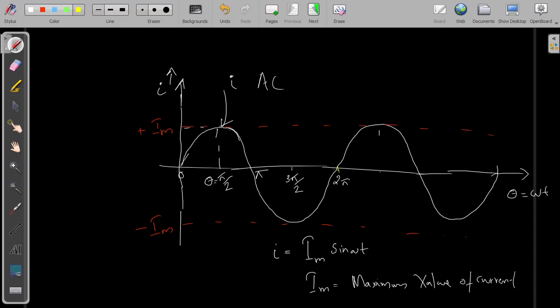In one cycle the value of current i increases from 0 to a maximum value, decreases through 0 to a negative maximum value, that is minus Im, and then again increases towards 0. This is our one cycle.